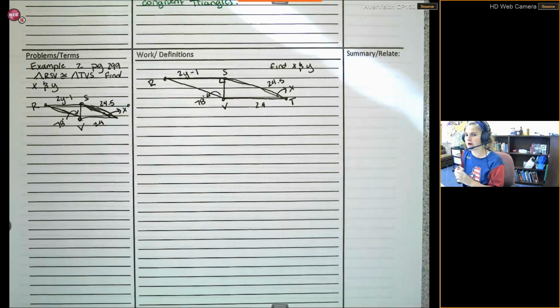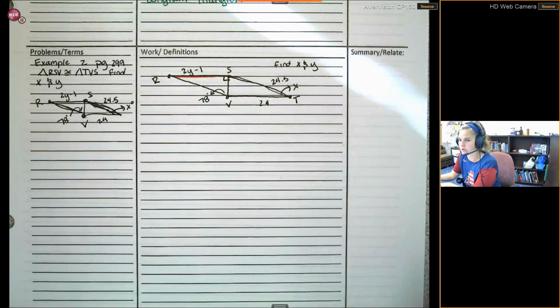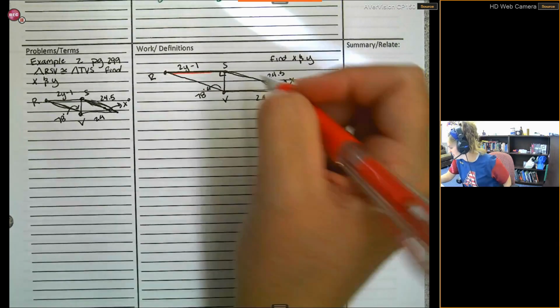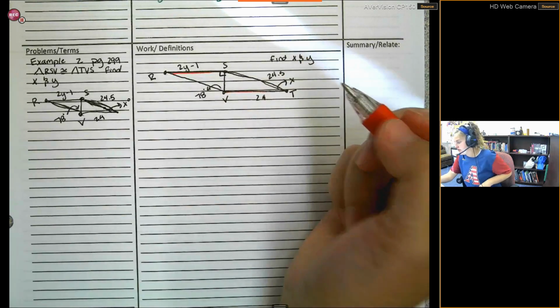Okay. So we need to identify which parts are corresponding. So, if we're wanting to find y, which side on the other triangle corresponds to that? What'd you guys say? VT, that's right. So the straight side of the triangle.